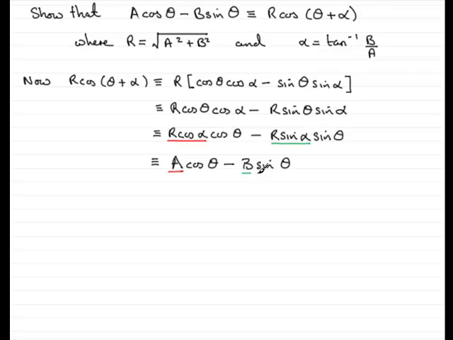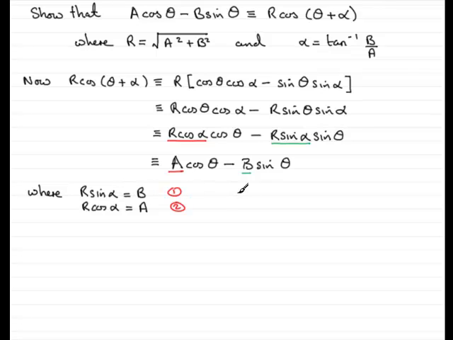Okay, so now I'm going to use these relationships to work out what r and alpha are. We'll start with r sine alpha, which corresponds to b, and r cos alpha corresponds to a. Call these equations 1 and 2, and what we can do is divide them.